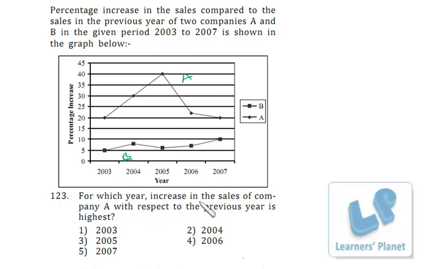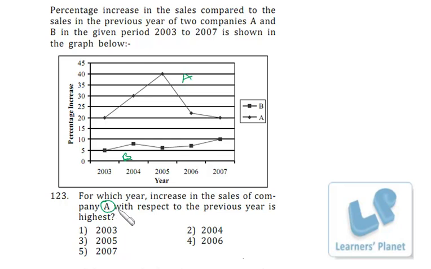Okay, now let's see the first question. For which year is the increase in the sales of company A with respect to the previous year the highest? So once again, in this case we need to see the absolute increase, because percentage increase is already given over there. So we need to see the absolute increase in case of company A, right? So what we have to do, we have to assume any base value.